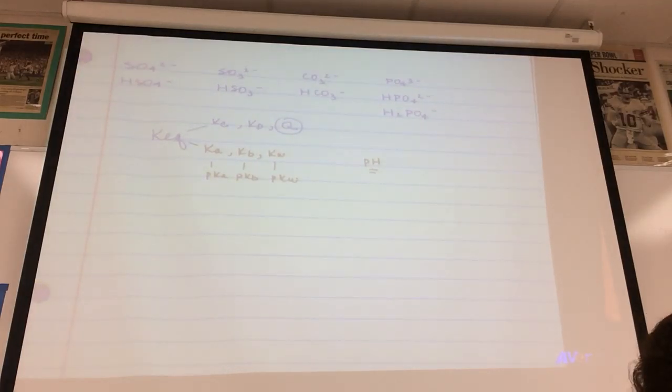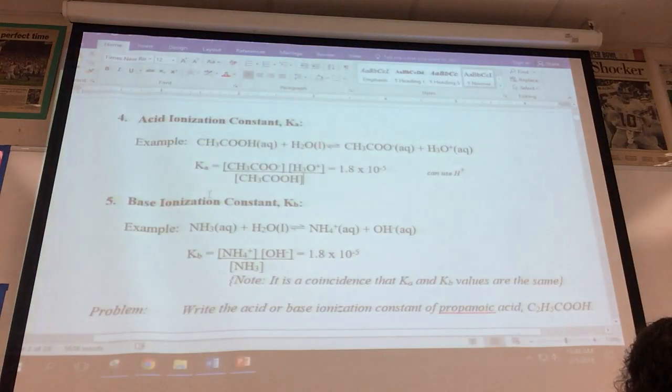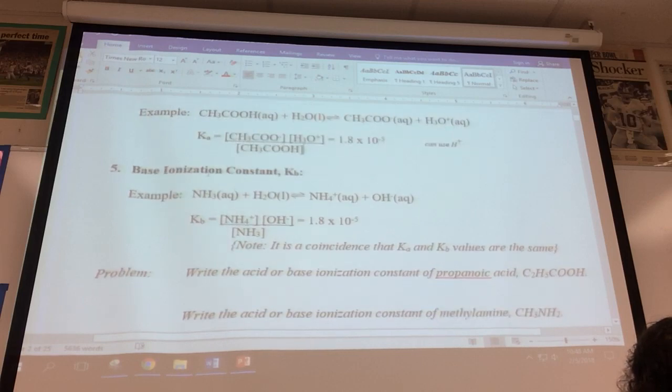You can have a base ionization constant, Kb. For example, ammonia can act as a base, generating ammonium ion and hydroxide ion, again, products on top, reactant on the bottom. It's a coincidence that the Ka, Kb values are identical here.